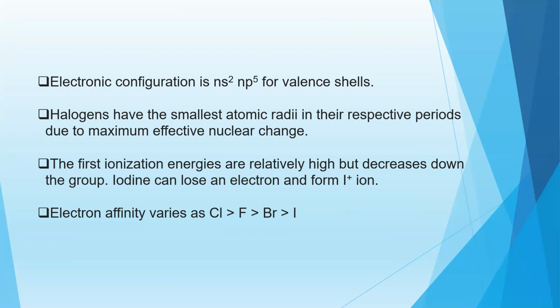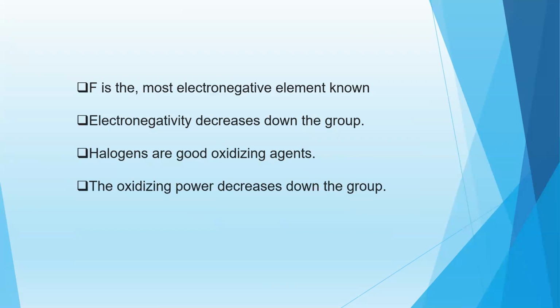Electron affinity varies as chlorine greater than fluorine greater than bromine greater than iodine. Fluorine is the most electronegative element known. Electronegativity decreases down the group.